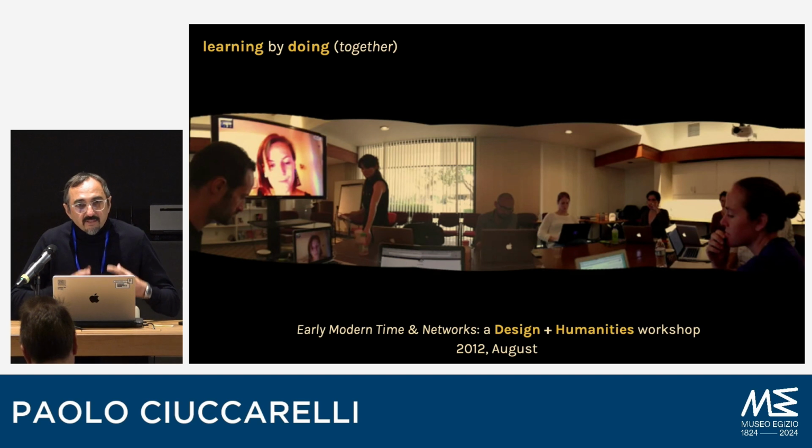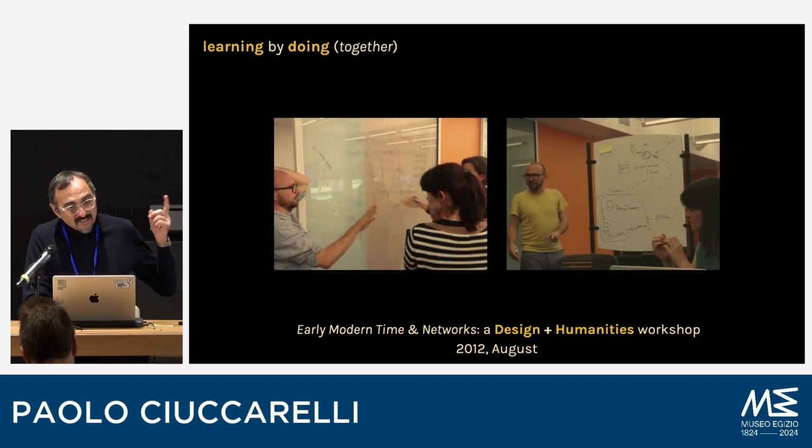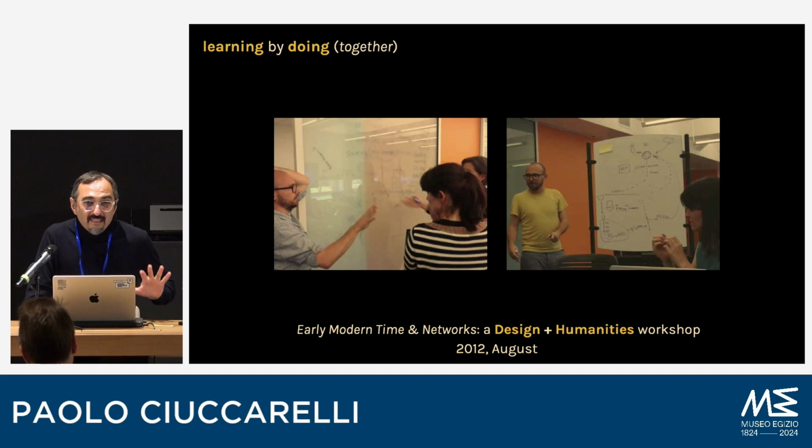We worked together for a week, trying to know each other and then sharing our experiences. And what happened is that Giorgio, the guy with the glasses that you see here, then remained there for a year or more, and he helped develop this joint relationship between information design and digital humanities.